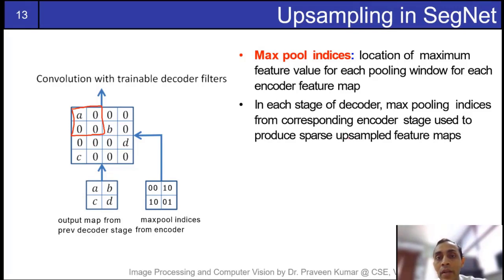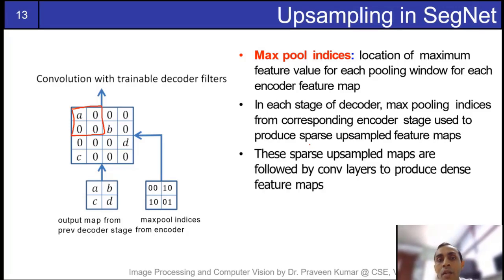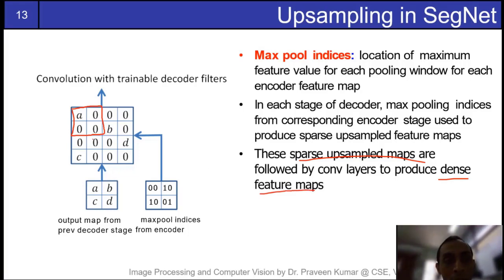These sparse upsampled maps now have to be made more meaningful. We need to make them denser feature maps, basically not having zeros at most of these locations. To do this, we'll follow this up with a convolutional layer with simple convolution filters.